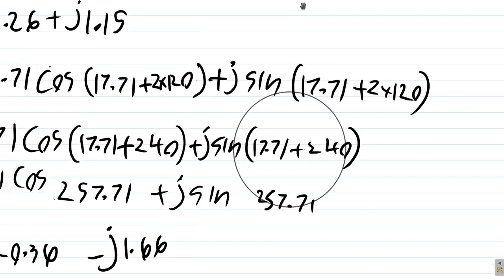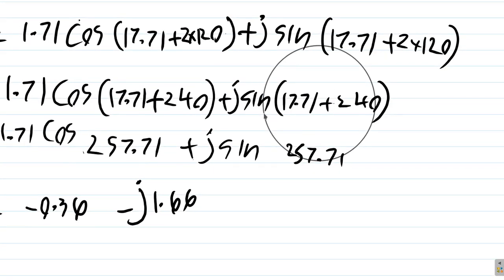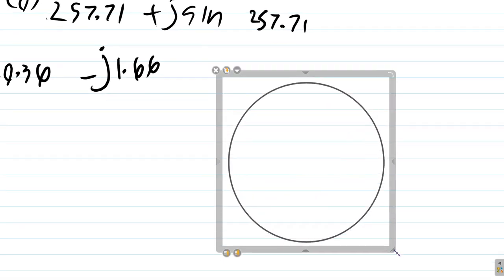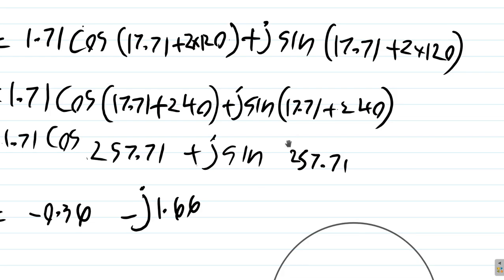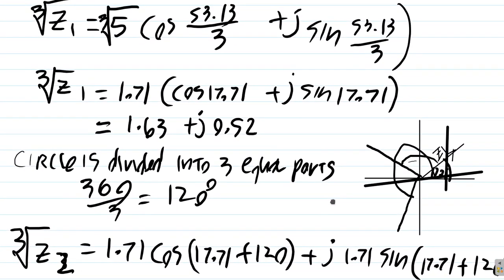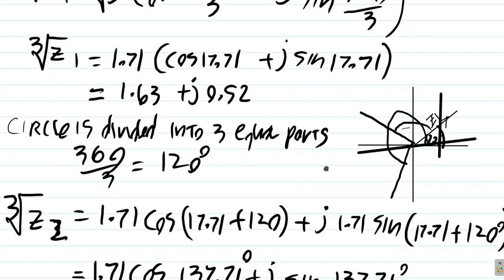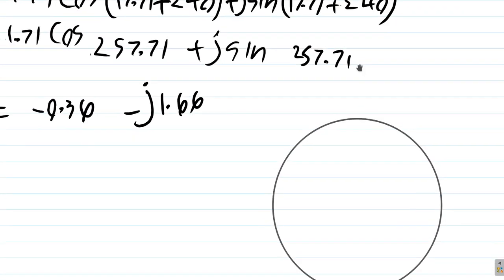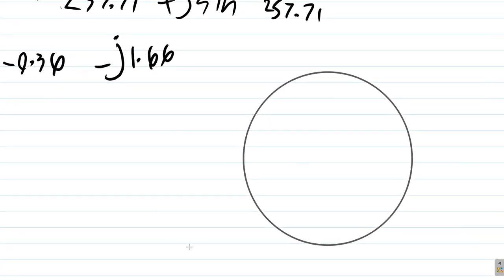All right. So let's now look at the Argand diagram for the 3 cube roots. So in this diagram for the 3 cube roots, I have one of them. The first one, 1.63 plus j 0.52. Let me make our quadrants first.